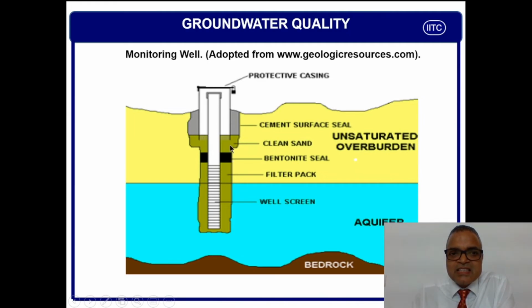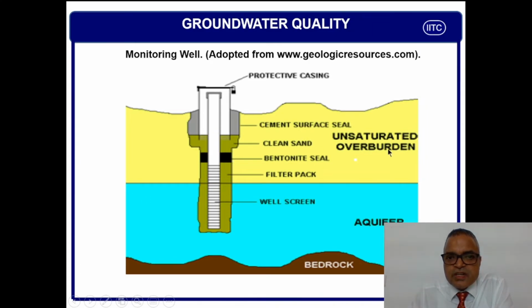We have clean sand so that if any debris or sediment goes, it will not be allowed to go further. Bentonite seal. Bentonite seal will never allow anything to go beyond this one. Filter pack. These are the filter packs, and this is the well screen, and this is the aquifer.